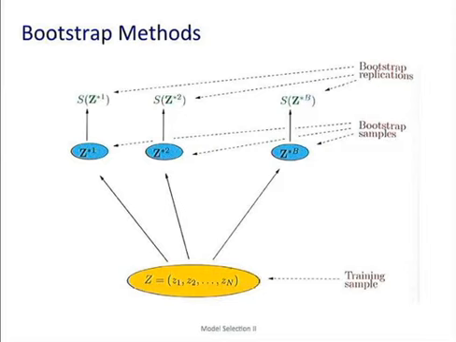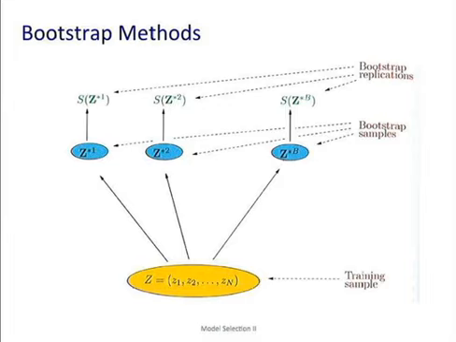Exactly. Well, the sample size will be the same. But you can have a bigger training set than K-fold in a bootstrap, so that would make bootstrap slightly better. You'll see that there are pros and cons to both.